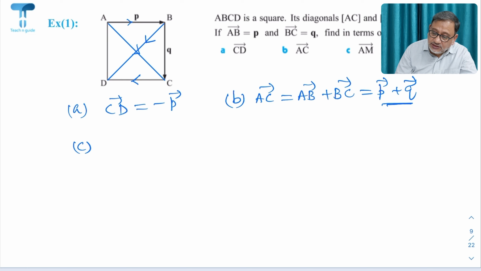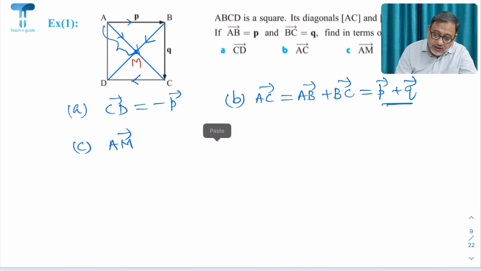C part says I have to find vector AM. Now vector AM. M is the midpoint of both of them. So here is point M. Let me label it as M. Yeah, this point is M. Now what I have to find? Vector AM. Now look here, vector AM will be this vector.